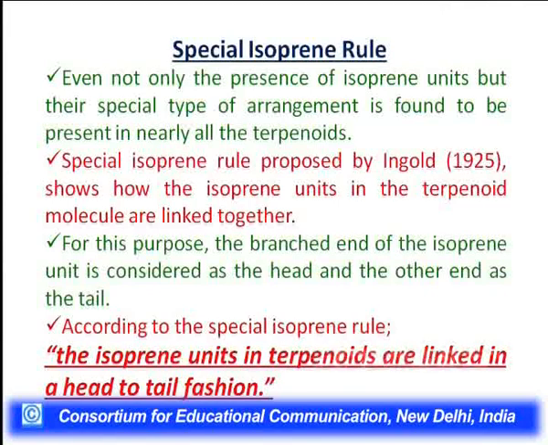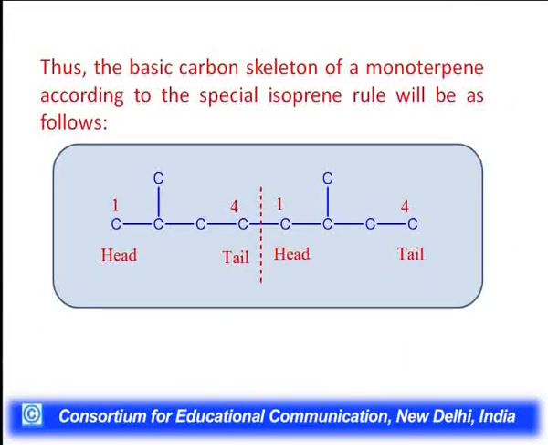For this purpose, the branched end of the isoprene unit is considered as the head, and the other end of the isoprene unit is termed as the tail. Now, according to this special isoprene rule, all the isoprene units in the terpenoids are linked in a head to tail fashion. So this arrangement, which is the head to tail fashion, is termed the special isoprene rule.